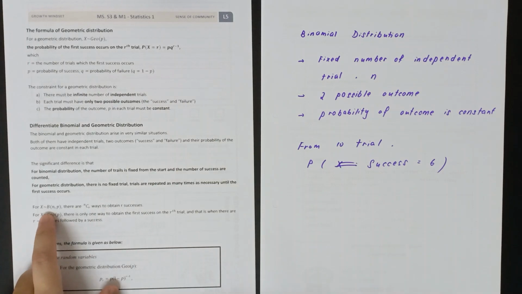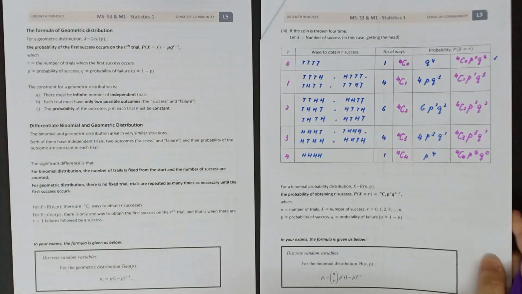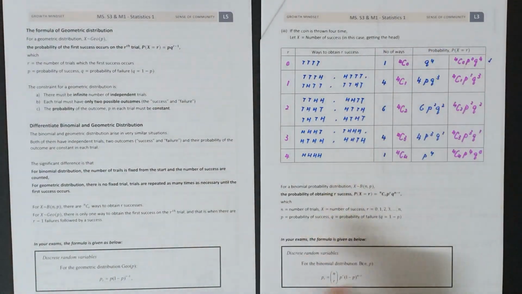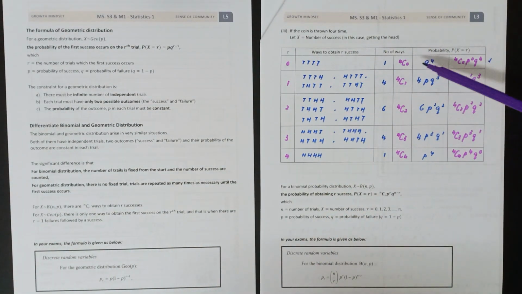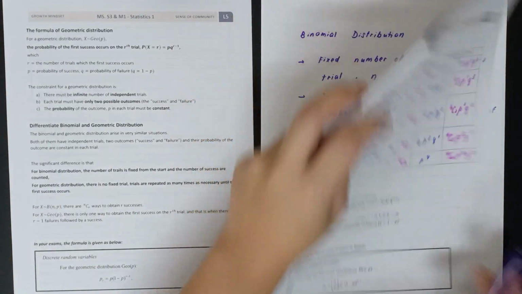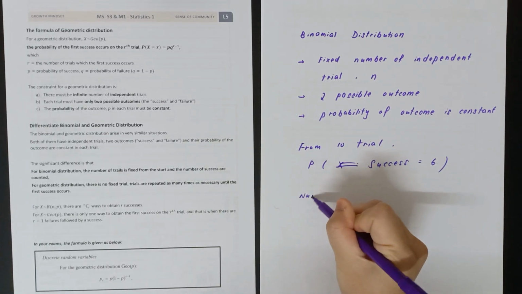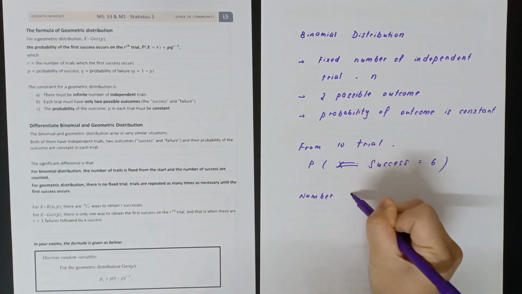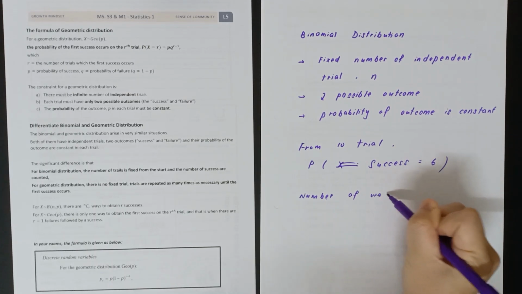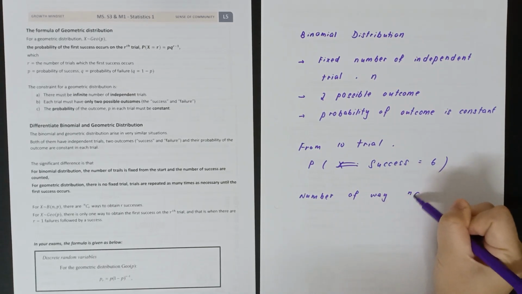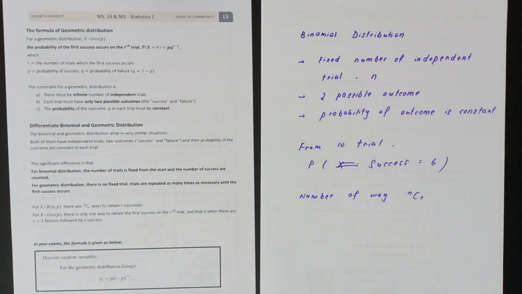Okay, then for a binomial distribution, if you remember what we learned last time with the dice that we have used, for every probability here, you have a number of ways of nCr. So for binomial distribution, your number of ways will be equal to nCr, and after that we use it to multiply all the probabilities together.